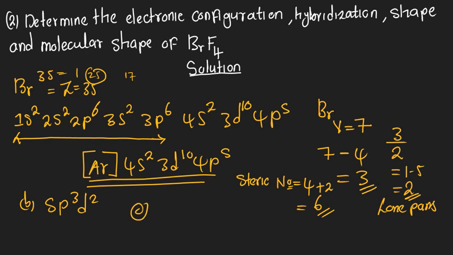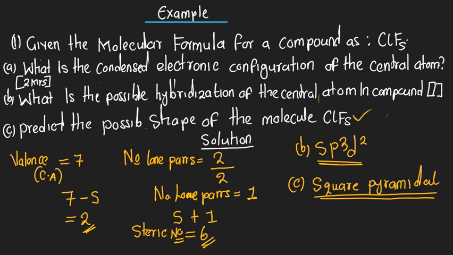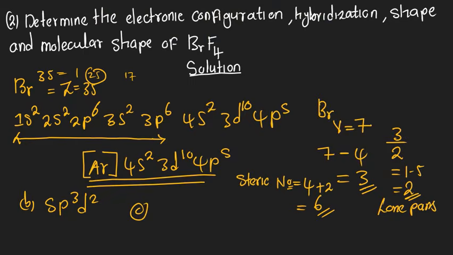Then what is the shape? Remember we have 4 bonds, so the shape is square planar. Simple. That's how you find this the simplest way.